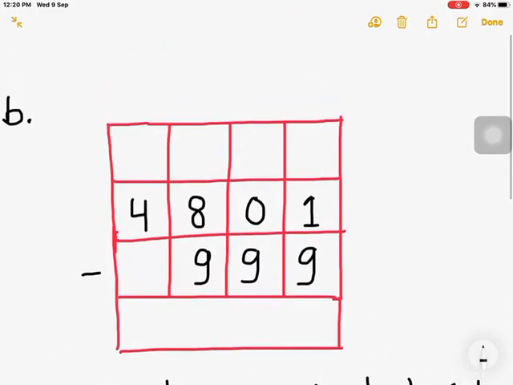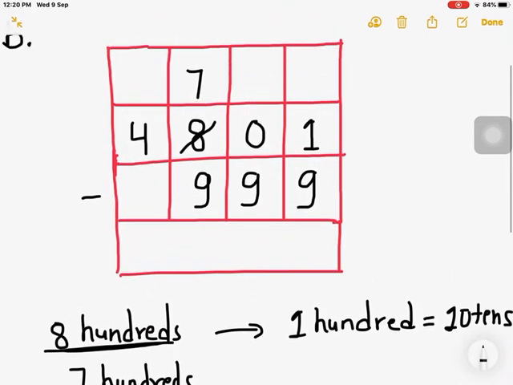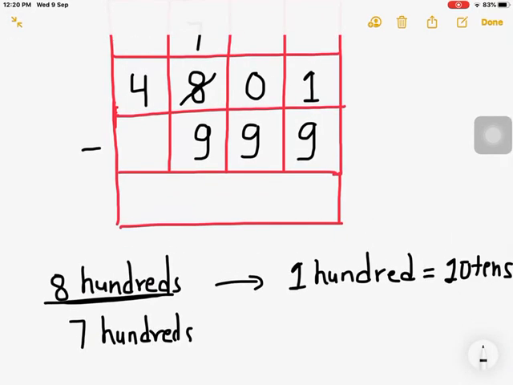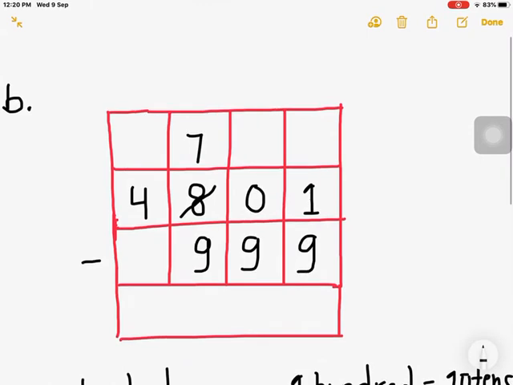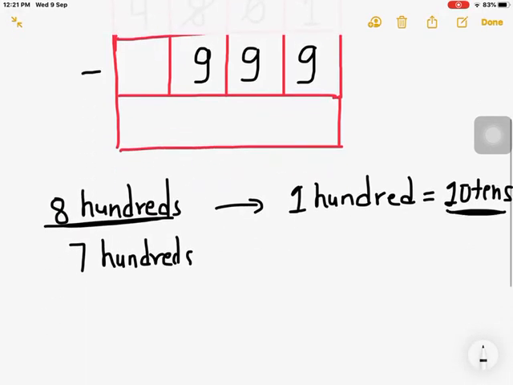So 7 here. When it gives 100 to the tens place, that means 10 tens, isn't it? So in place of 0, 10. Now only it can give 1 ten to the ones column. When it gives 1 ten, from the 10 tens, it will remain 9 tens.